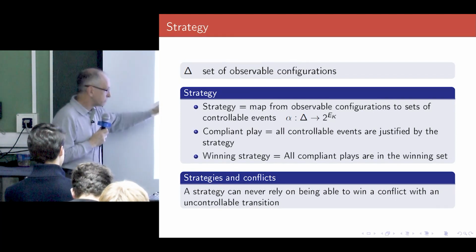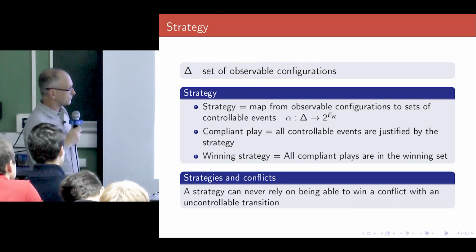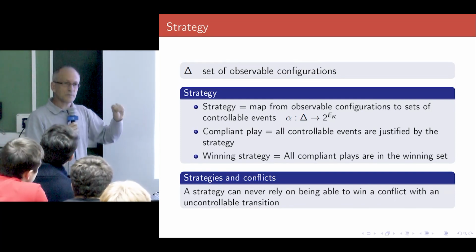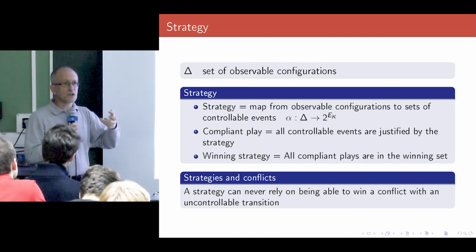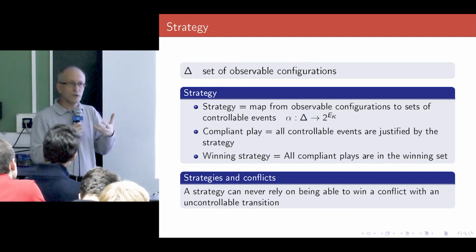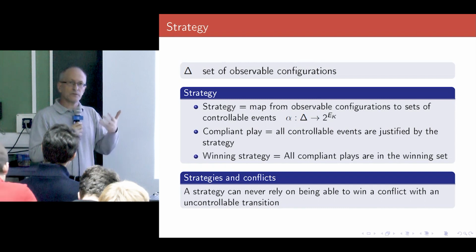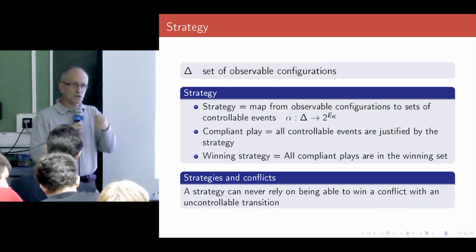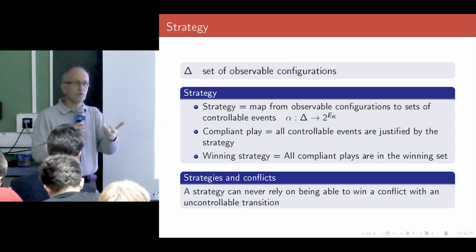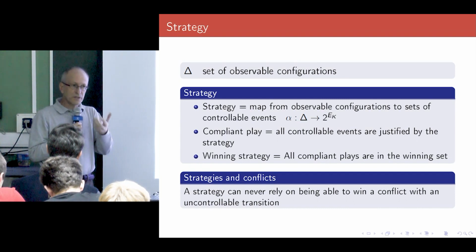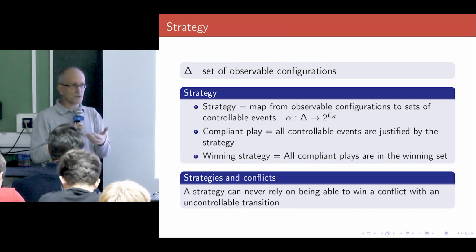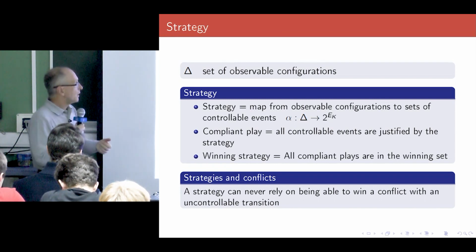This is a sort of technical remark. As you have seen in elementary net systems, we can model situations of conflict, situations in which several transitions are possible, are enabled, but they share a resource and only one of them can use that resource. So in this case, we say that there is a conflict and only one of those transitions can actually happen.